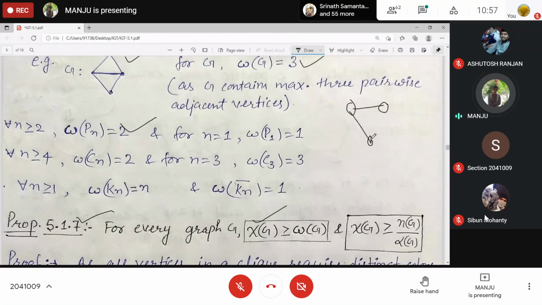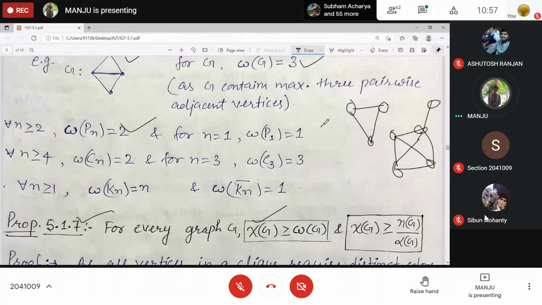Clear? For example, in this case, what is the clique number of this graph? For this one, it is 4.